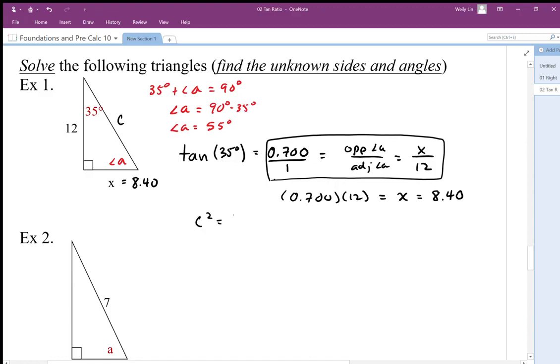So C squared is equal to 8.4 squared plus 12 squared. Calculating, 8.4 squared plus 12 squared is 214.6. And solving for C, I get plus or minus the square root of that. I square root that on my calculator, and I get 14.65.